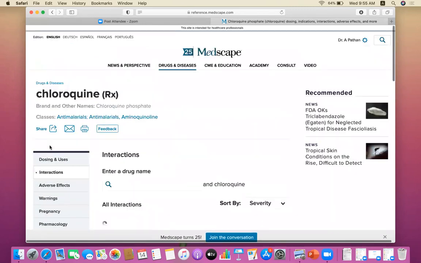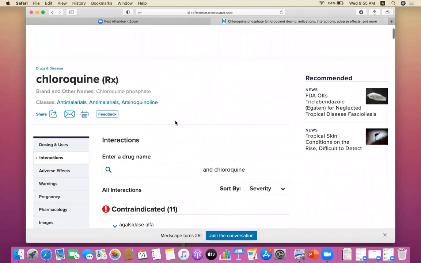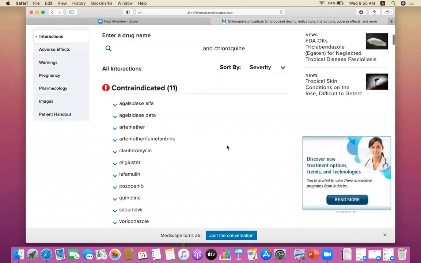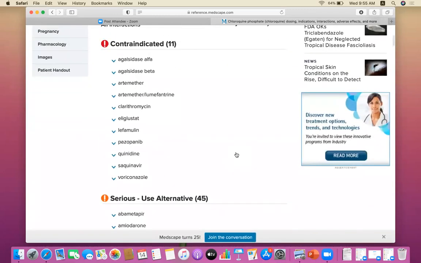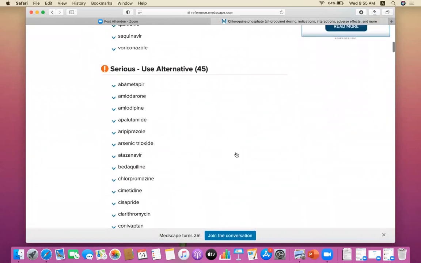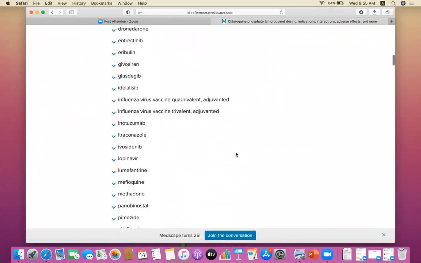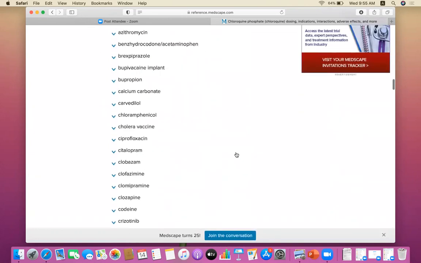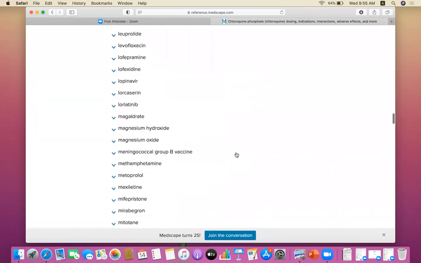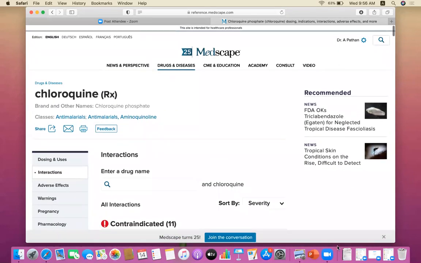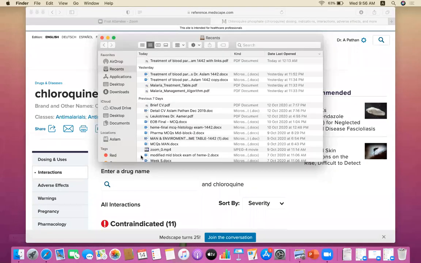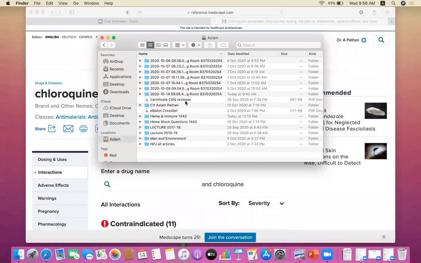Drug interactions: these are the interactions available, and all these drugs are contraindicated if you give them together with chloroquine. There may be chances of drug interactions. See, so many, not one or two. So this is about chloroquine.